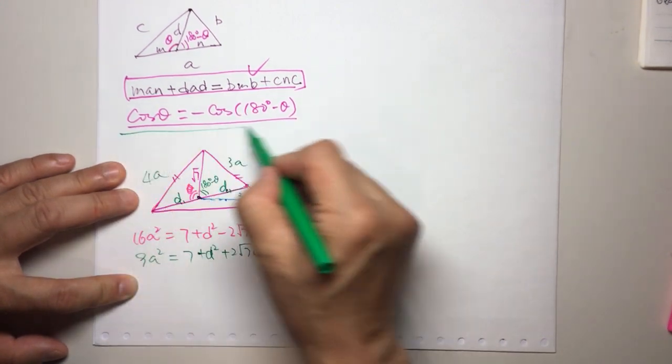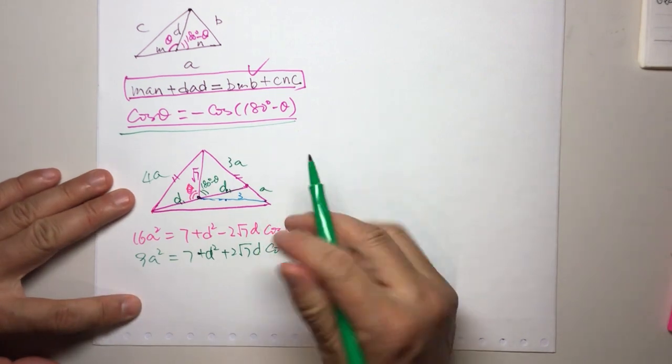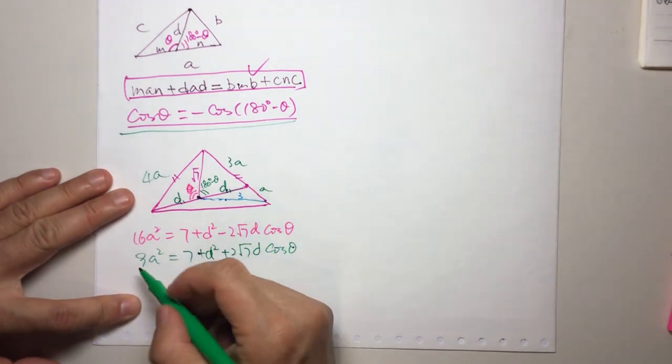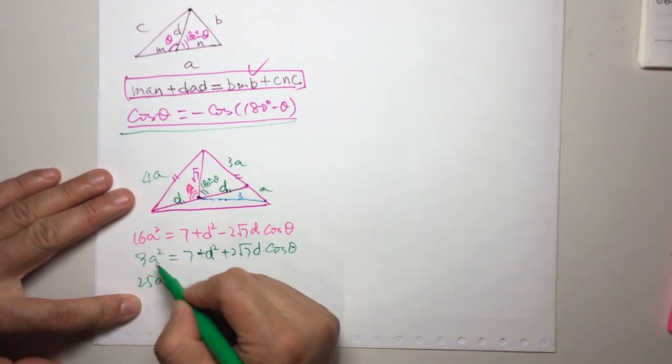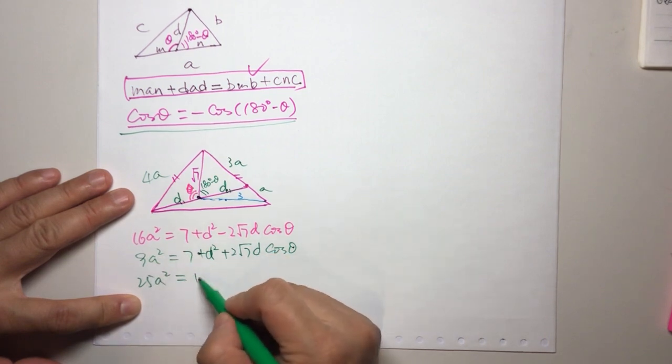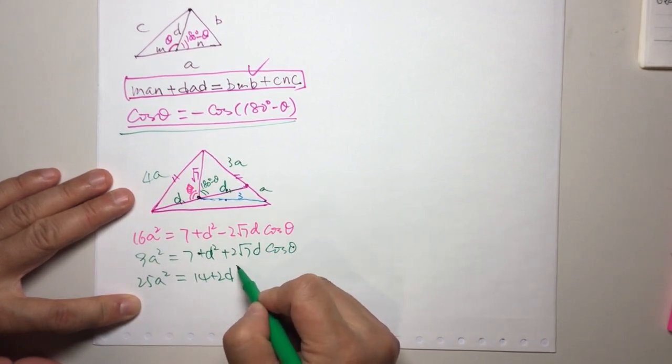Now we can put them together, and we got 25a squared equals 14 plus 2d squared.